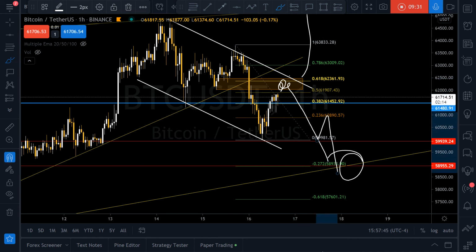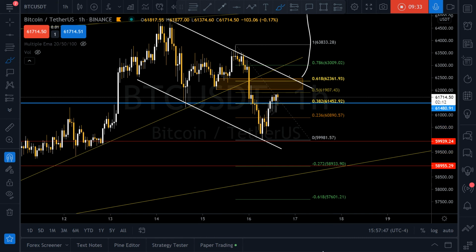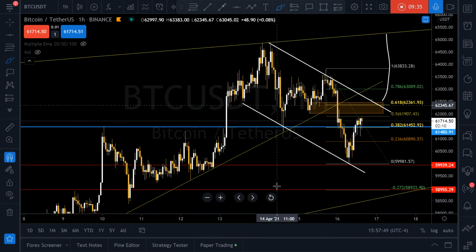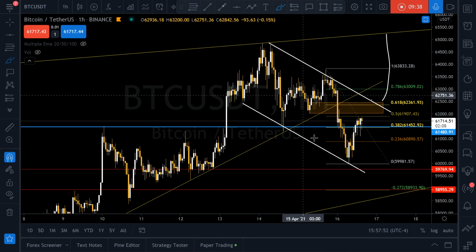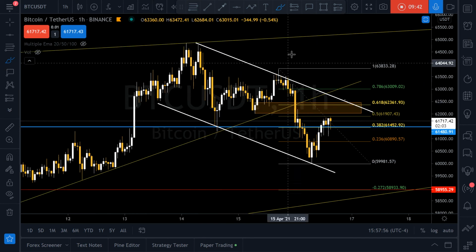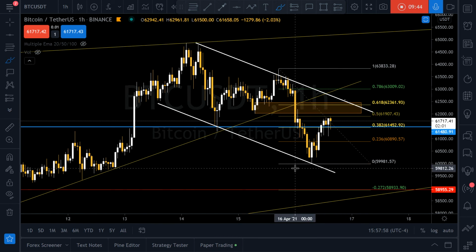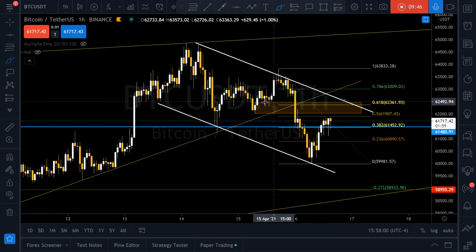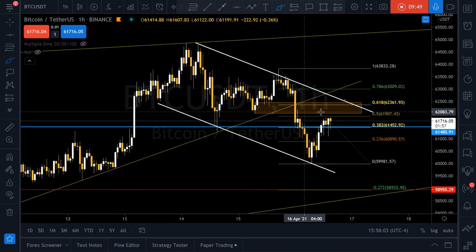Now, could price pop up to the other side? It certainly could. Sure, it could. But again, what is the likelihood? We have some significant levels of resistance up here.